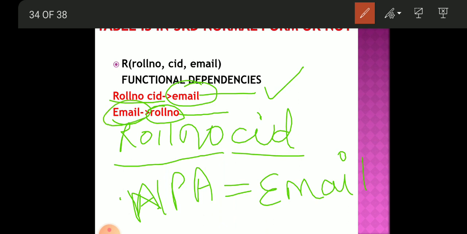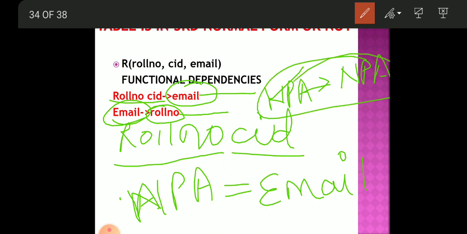But what we have to check is a non-prime attribute deriving from a non-prime attribute, so this does not exist. That means there is no transitive dependency. That is why this relation is in third normal form.